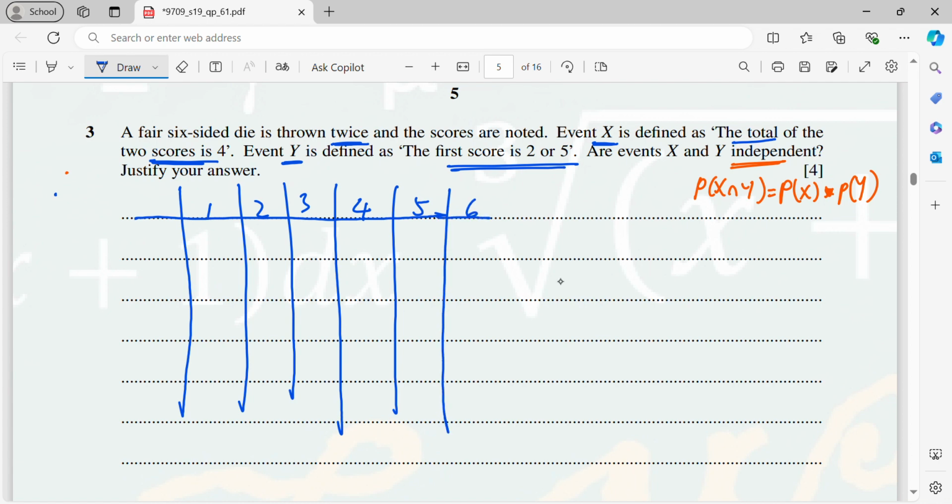Okay, so because it's mentioned 6-sided die and it is fair, so this is the first throw, and then this will be the second throw. First throw and second throw. So now here again 6 numbers.